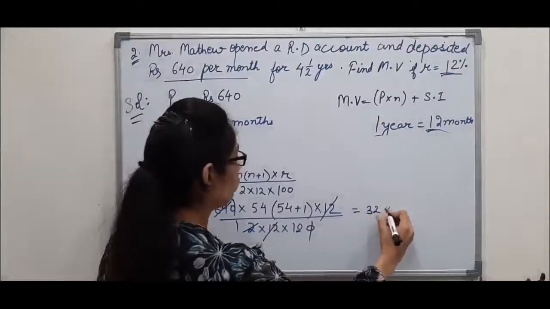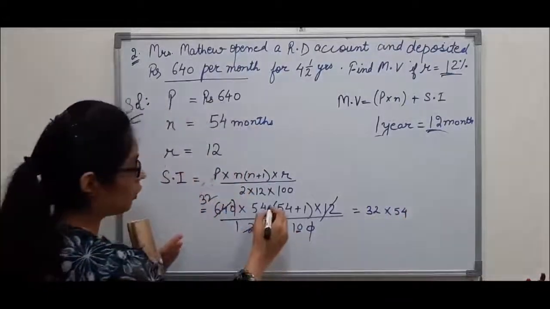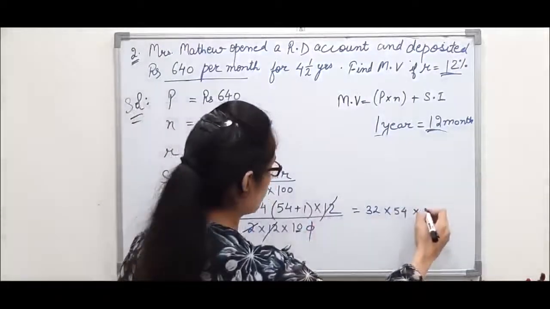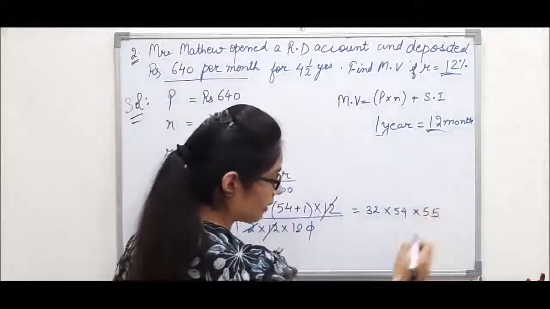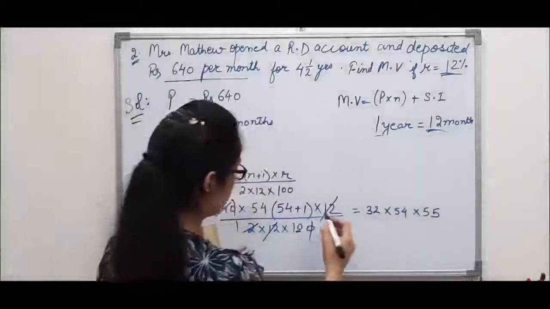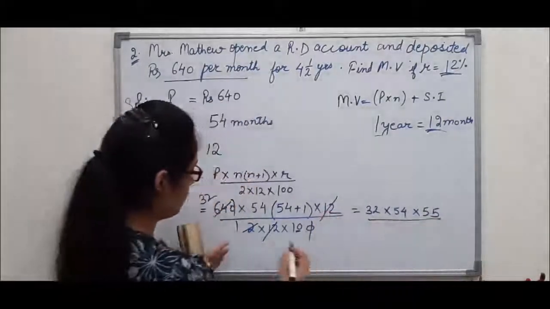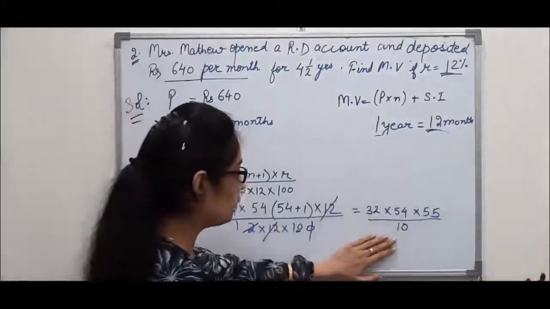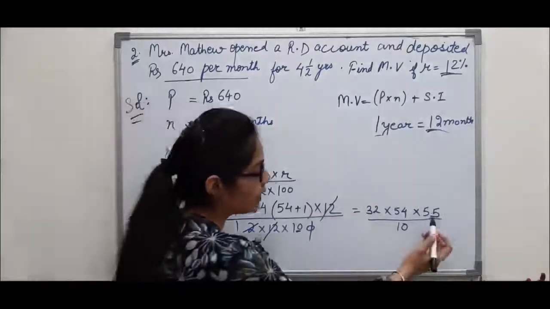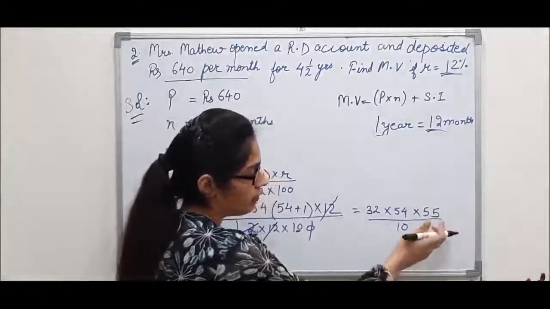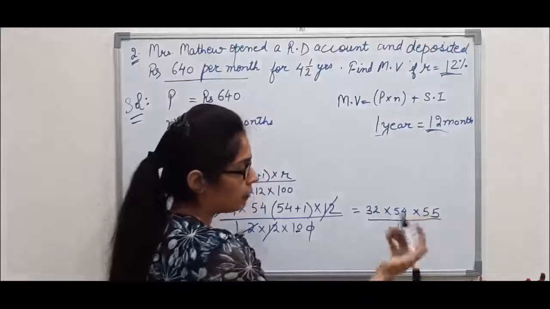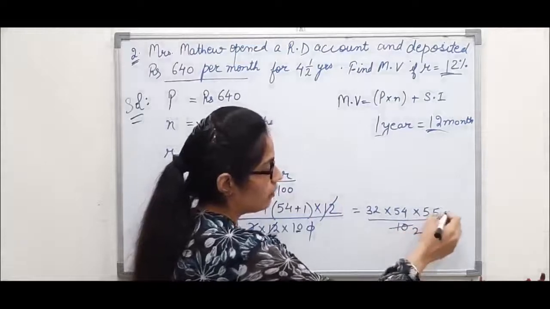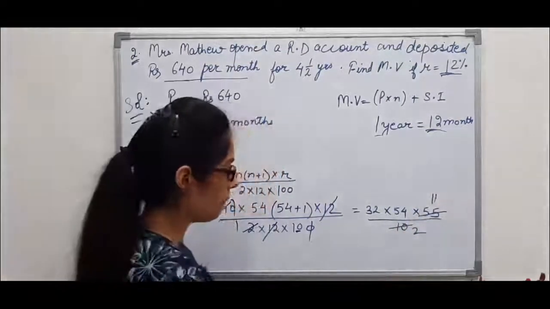32 into 54. Now bracket means multiplication, 54 plus 1, which is 55. So this 12 has already been cancelled, so downward in the denominator I am left with 10. Let's see if further cancellation is possible. I can see 55 and 10 are both multiples of 5. 2 into 5 is 10, 5 into 11 is 55.